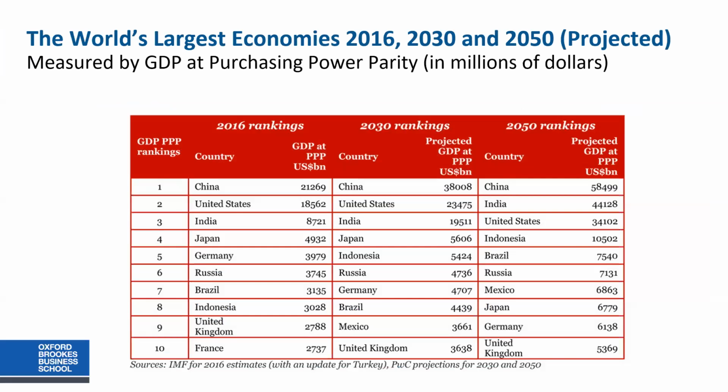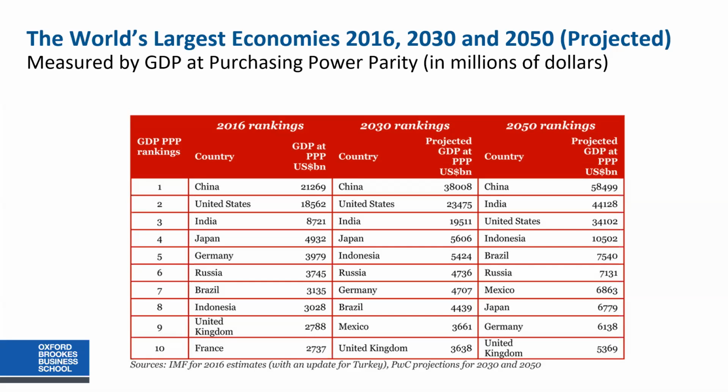So an example of using secondary data in your research, for example, this table is derived from the International Monetary Fund, and it describes the world's largest economies in 2016, 2030, and 2050, of course, projected, and those are measured by the GDP.